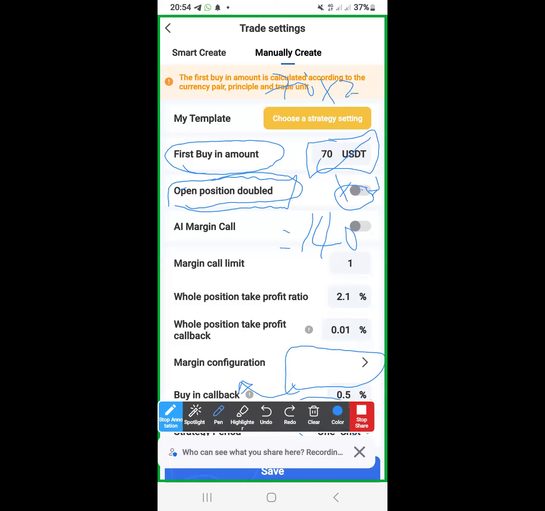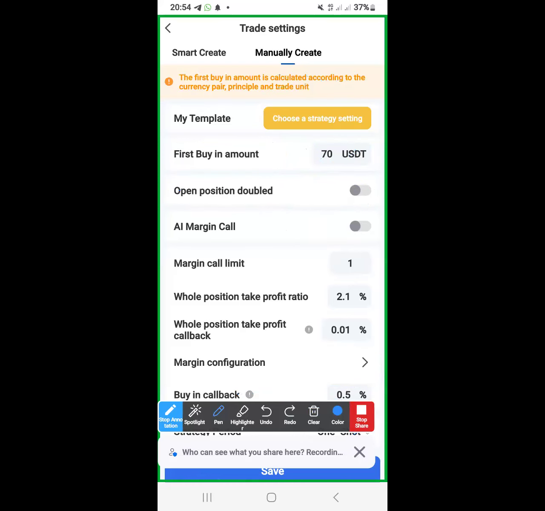So it means it is going to double this first buying amount before actually even buying. But if this one is disabled the way it is, it will just pick your $70. Whenever it comes here and checks, it is disabled. It won't follow instruction there. It will wait for the next instruction. Okay? Yeah. But if it is enabled, it means it will pick 70, double it, and then wait for the next instruction before actually buying. Yeah. So that is that.